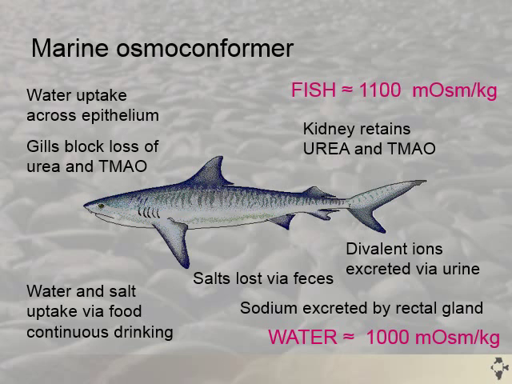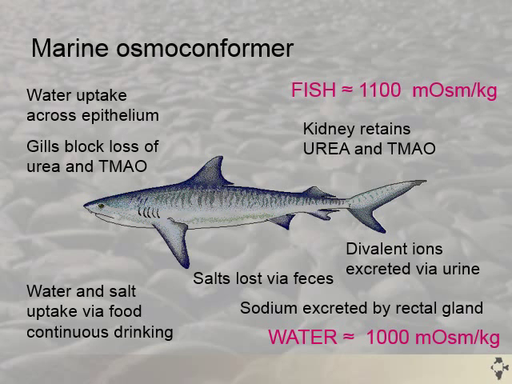If it builds up in the form of ammonia, it's going to be very, very toxic and poison the animal very quickly. If, however, they convert that ammonia into urea, which is less toxic, they can accumulate it to the point where the organism can eventually find a location that's appropriate to urinate and eliminate the waste that way.